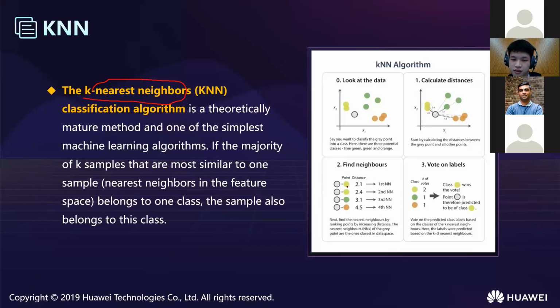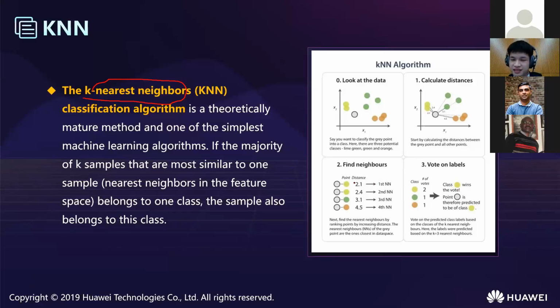They are the yellow ones, the green one, and the red one. So can you tell me what is the color of the new data? Yellow. Yes, exactly. It will be yellow.